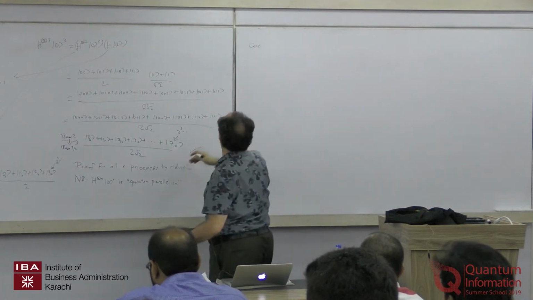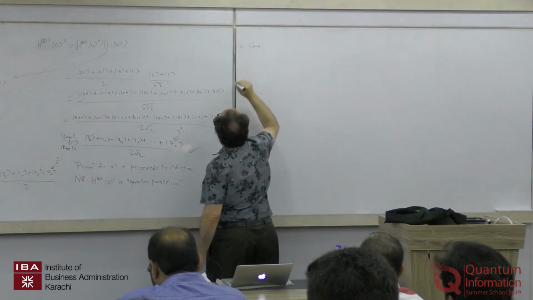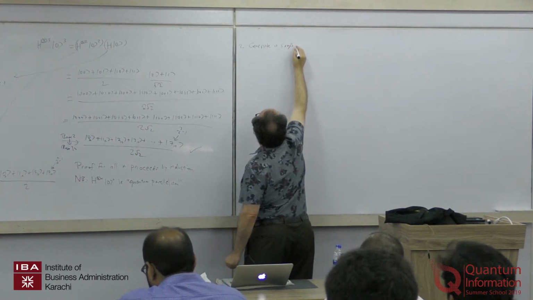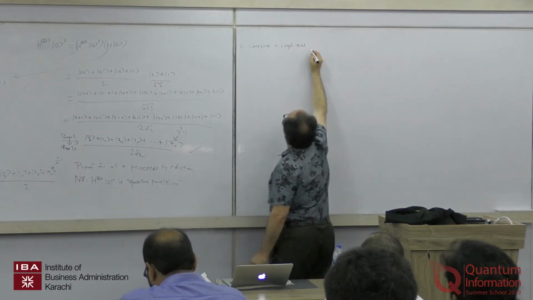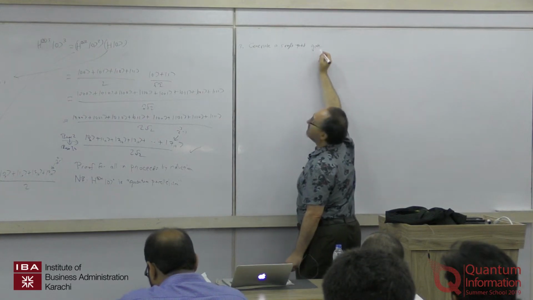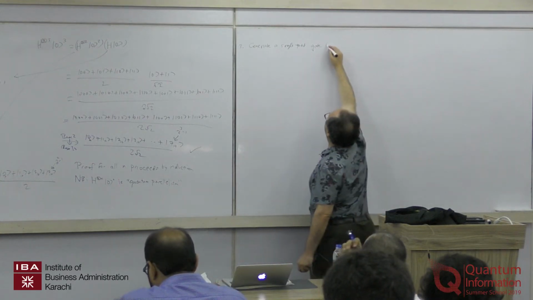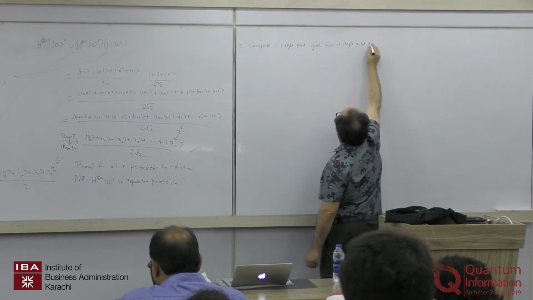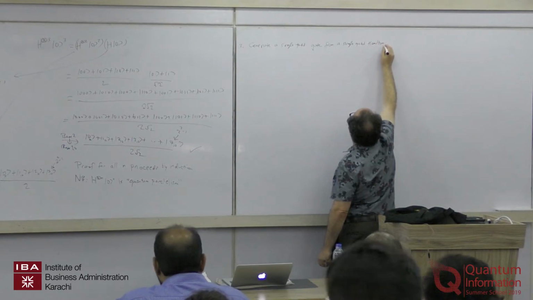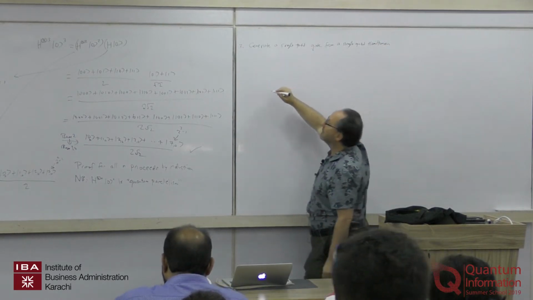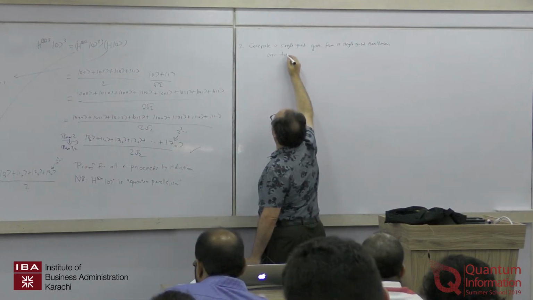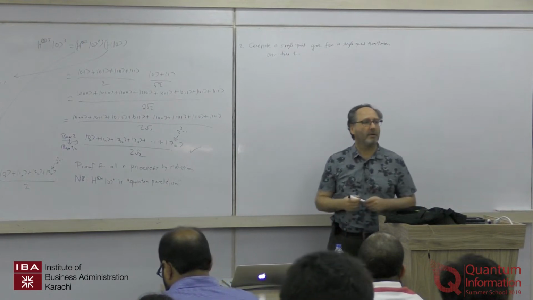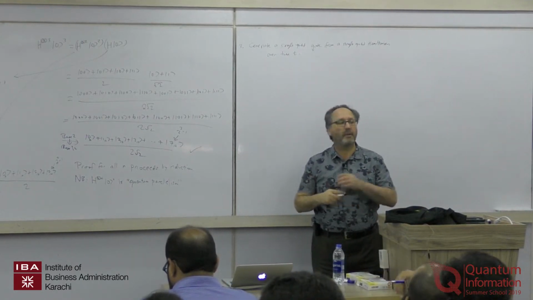Okay, number 3 is to generate a single qubit gate from a single qubit Hamiltonian over time t. So the purpose of this problem is to help you be able to connect the Hamiltonian to the unitary map.